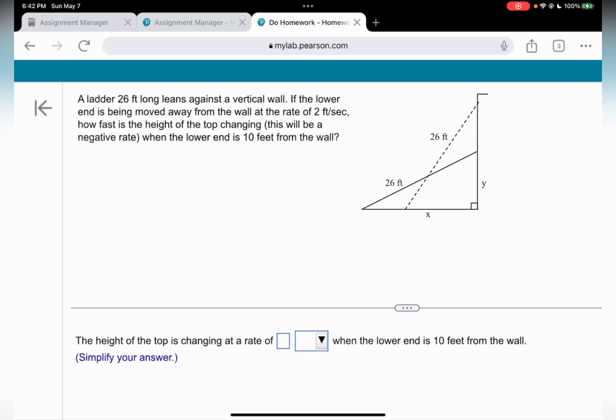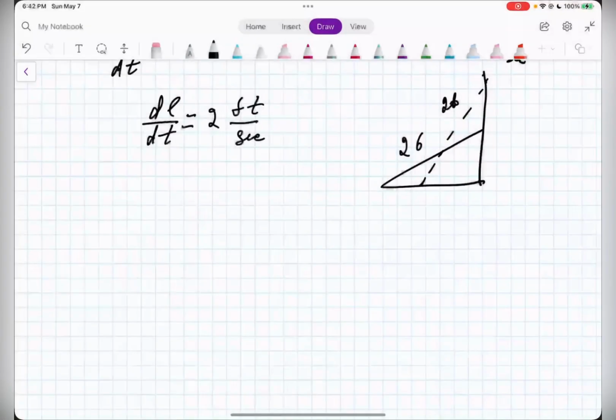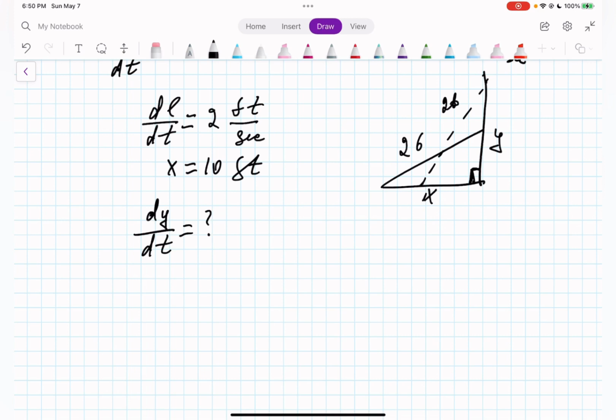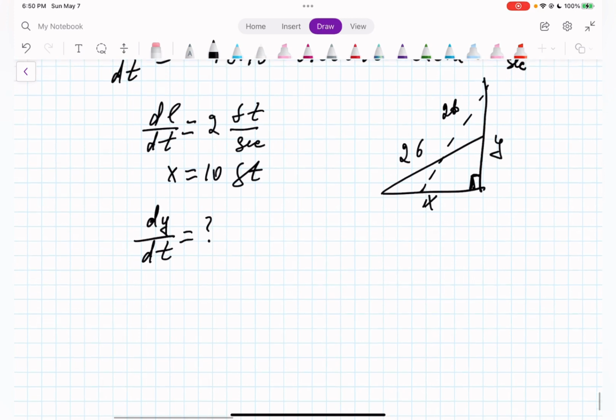It's marked down as x, y. This is x, this is y, and I'm assuming this x is 10 feet away from the wall. Since we need to find how fast the height of the top is changing, which is y, meaning we need to know dy by dt, right? This is what we need to know.